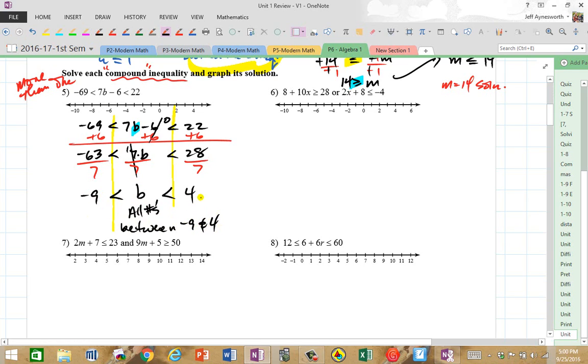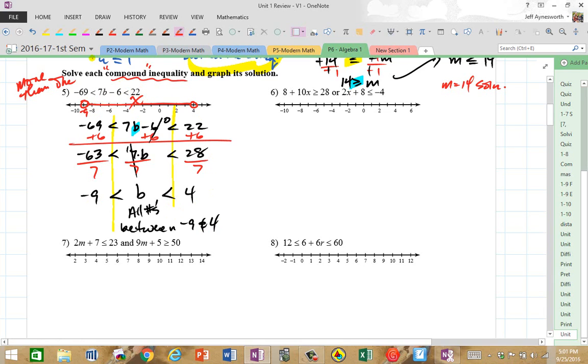They don't include negative 9 and 4 because there's no equal signs on here. All right, so what you do is you find negative 9 on the number line. It's right here, open. 4 on the number line is right here, open. Doesn't include, right? Because this is all numbers between, not including negative 9 and 4. And so b can be any number between them, so you go ahead and graph that, all right?